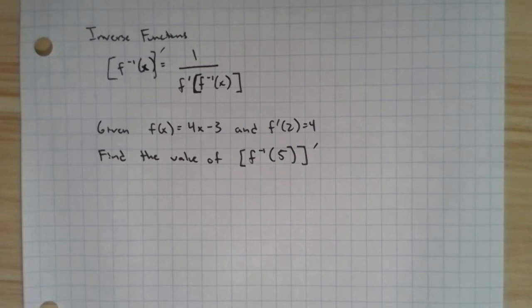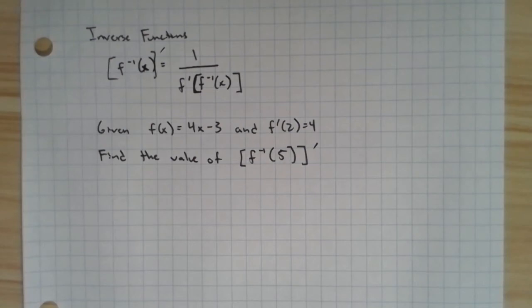Remember that in inverse functions, the x and the y are switched. If you guys remember that. In other words, the domain and range are switched. If you have a function f of x, it has a domain and range. For f inverse of x, the domain becomes the range and the range becomes the domain. You switch them.